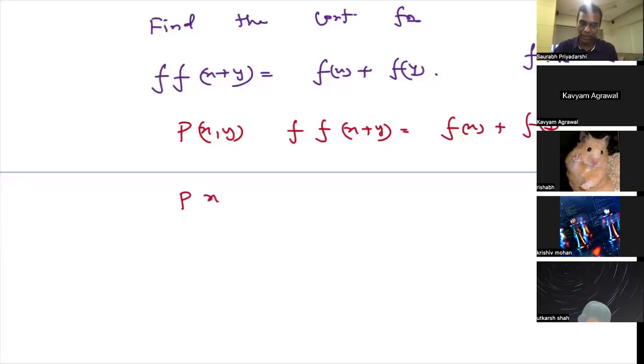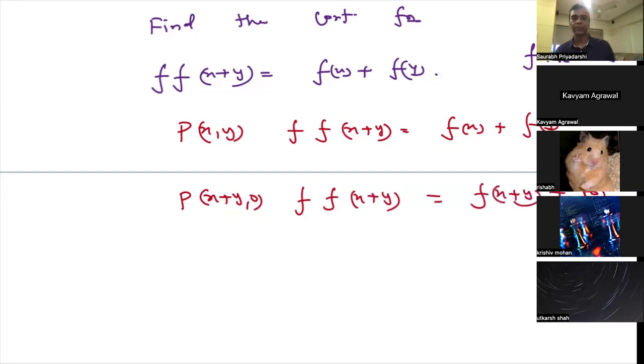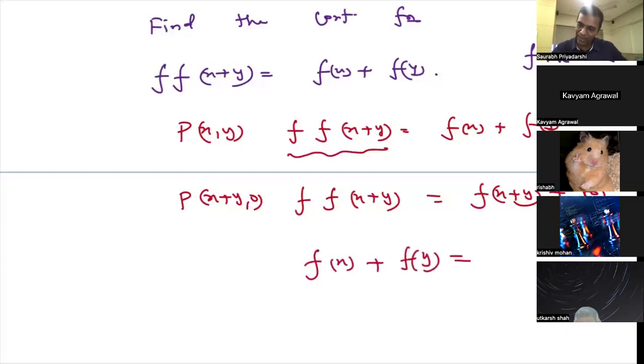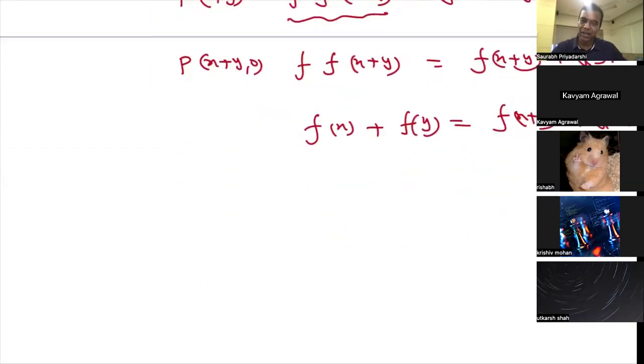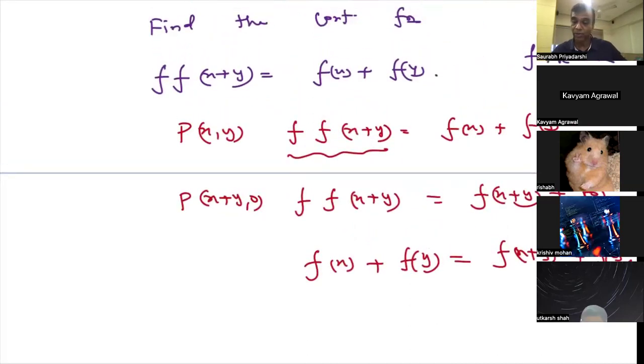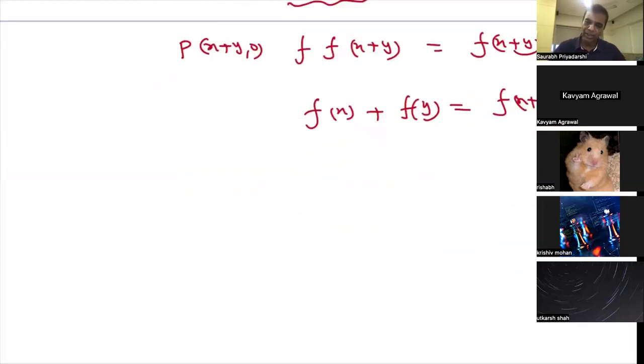Now I am putting x+y and 0. So f(x+y) is equal to f(x+y) plus f(0). The value of f(x+y) is nothing but f(x)+f(y), very simple question. We don't have the value of f(0), so let's suppose this is a.